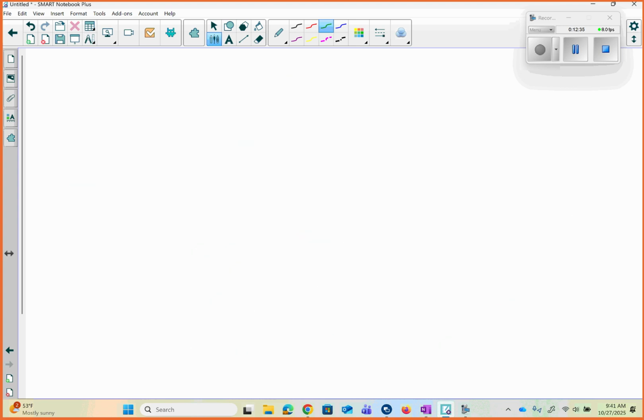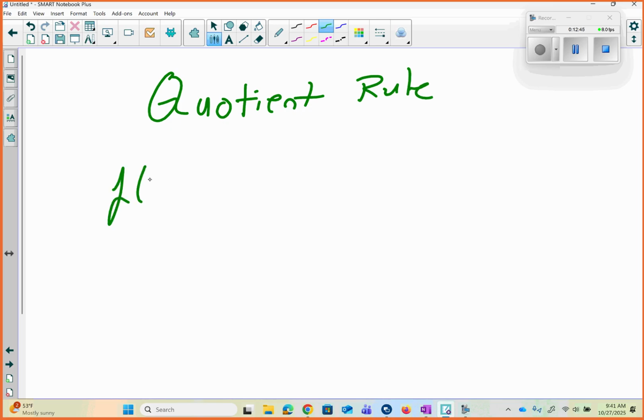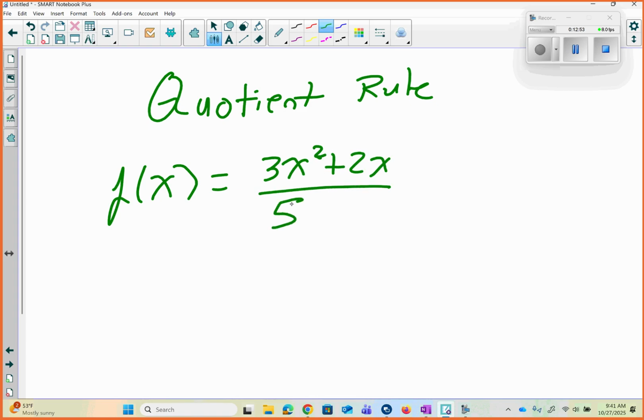And then there's the quotient rule. We talked about this a little bit last time. This is when we are dividing two things. So if we had f of x equal to 3x squared plus 2x over 5x to the third plus 7x, because it's a division of fractions, that becomes a goofy thing to go through. So we're going to call this top, and we'll call this bottom. Does that make sense? Top, bottom.